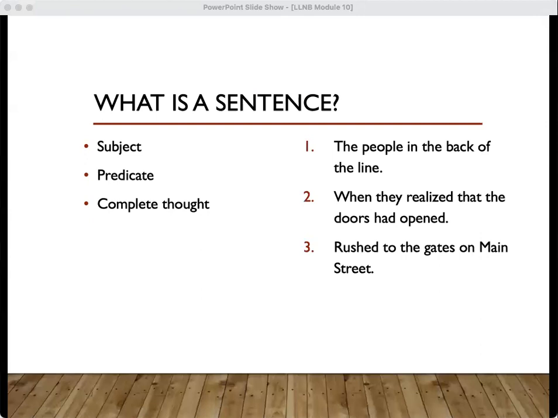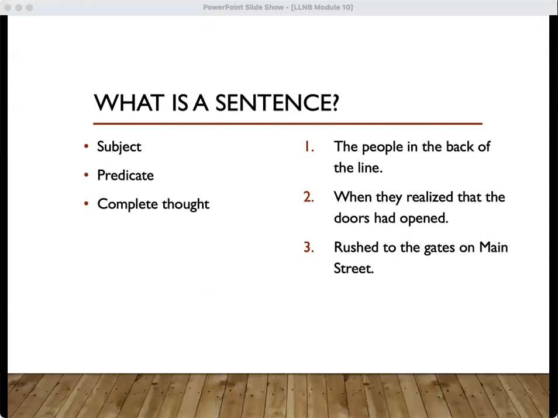When they realized that the doors had opened, they breathed a sigh of relief. "Rushed to the gates on Main Street." What is this missing? It's missing the subject. We do not know who rushed to the gates. It could be that the anxious teenagers rushed to the gates on Main Street.